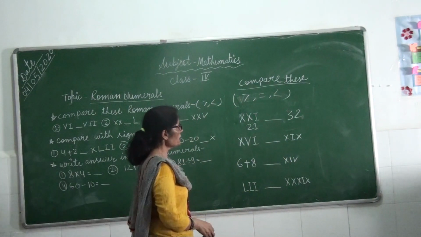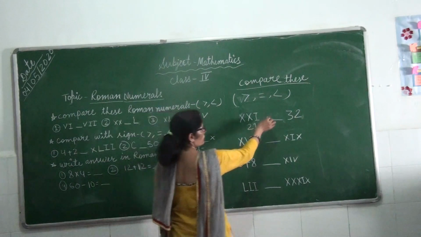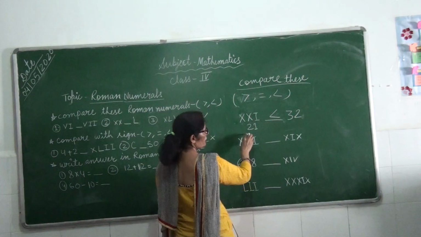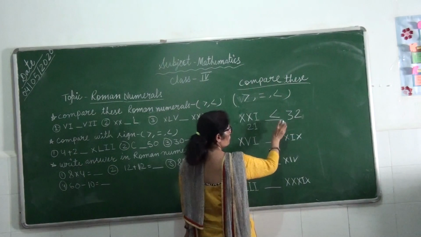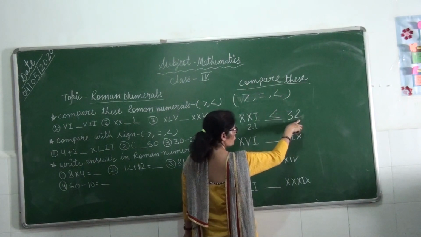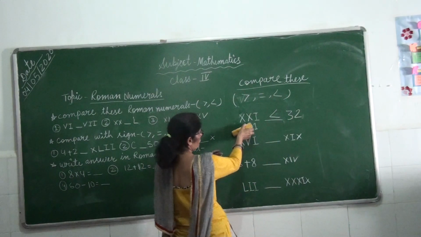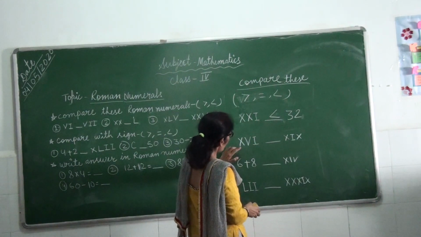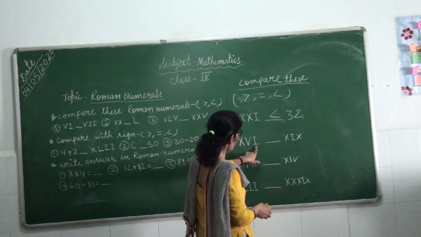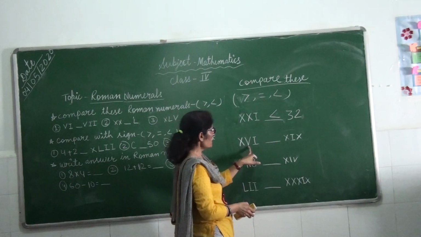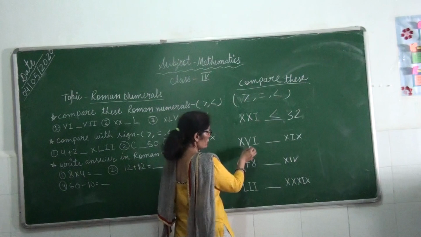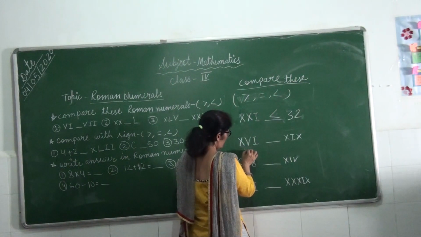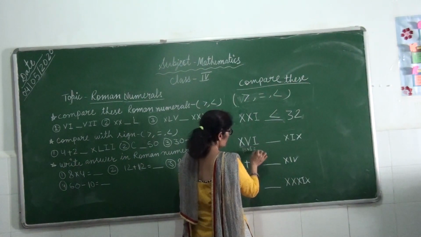So which sign you have to use? 21 is less than 32. We have to put the sign like that towards 32. Now next exercise we can see here. XVI means 10 plus 6. ये 10 नंबर है आपका और ये 6 है. 10 plus 6. The number is 16.